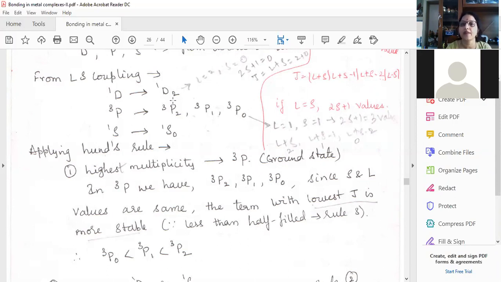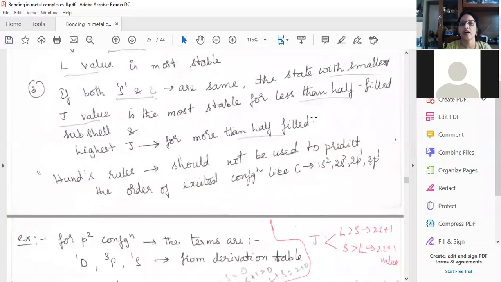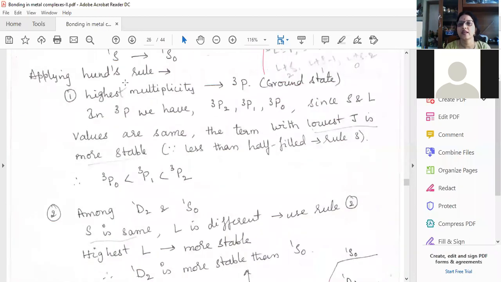If it is above 3, I will say it is more than half filled. If it is less than 3, it is less than half filled. Since it is less than half filled, the third rule says the smallest J will be the lowest one. The smallest J is the one with 0. So I have written the energy order, which tells that triplet P0 will have less energy when compared to triplet P1, which is less than triplet P2.